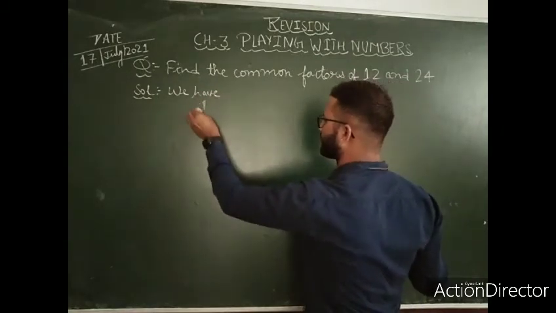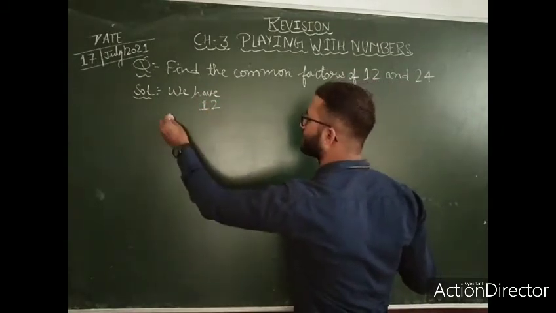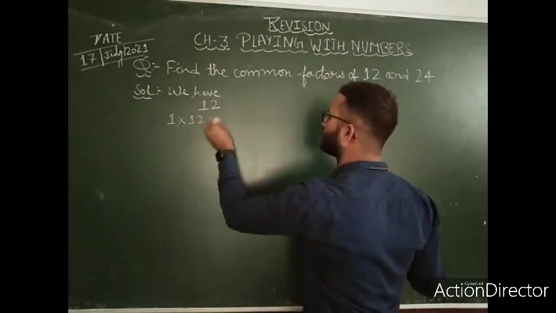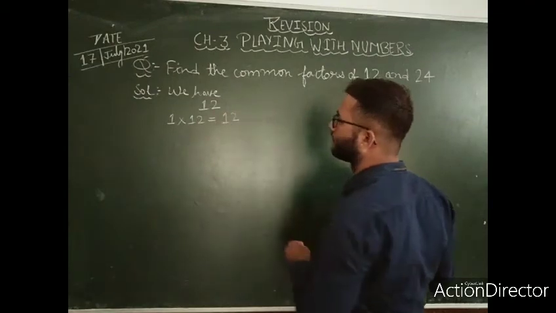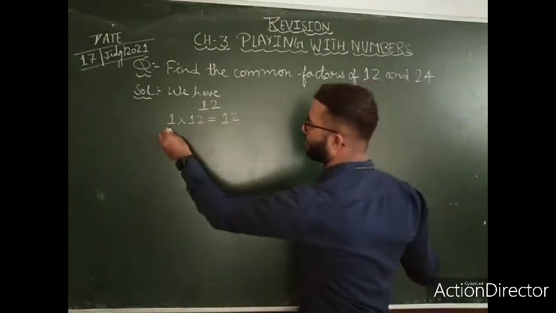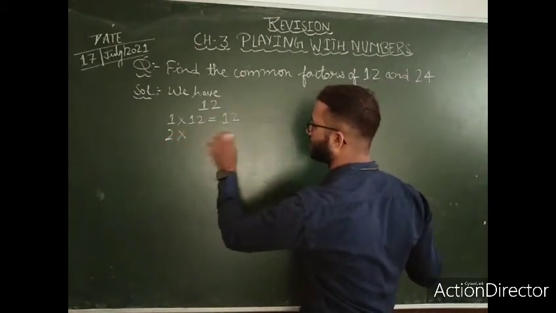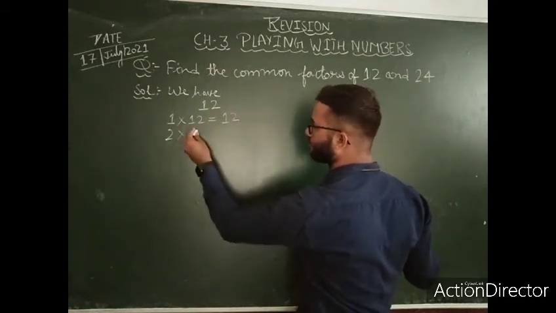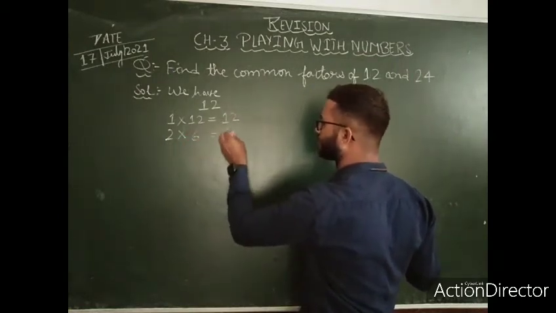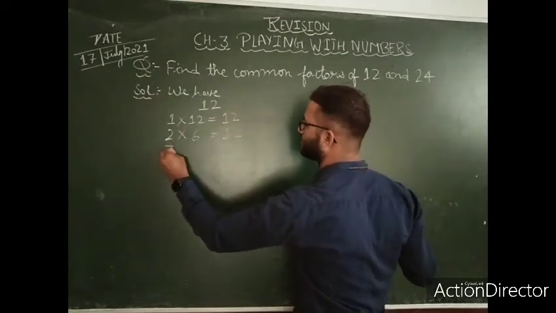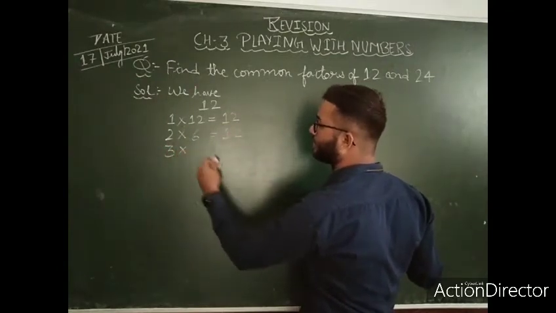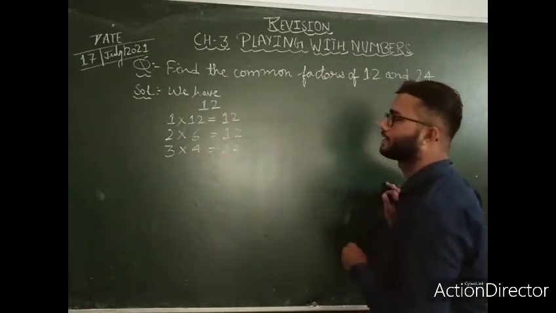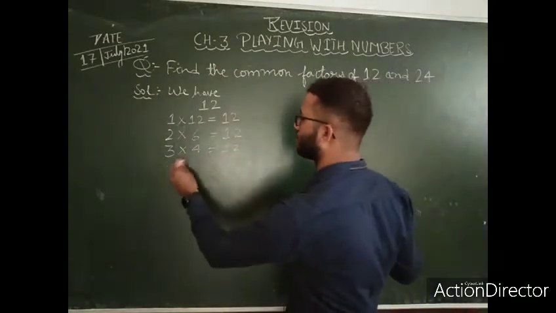So factors of 12 are, start from 1, 12, then what number we multiply with 2 and we get product as 12 here? 2 6s are 12, right? Then 3 4s are 12, right? Then 4 3s are 12.